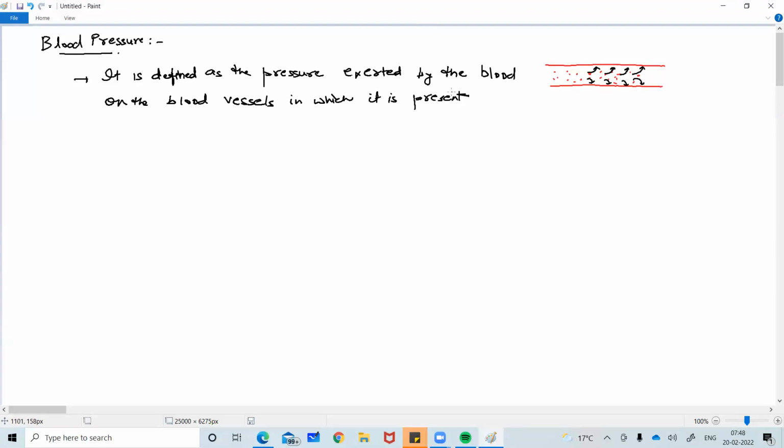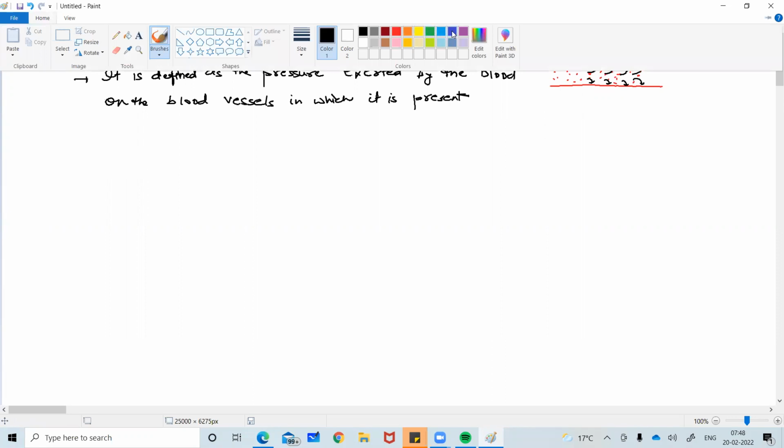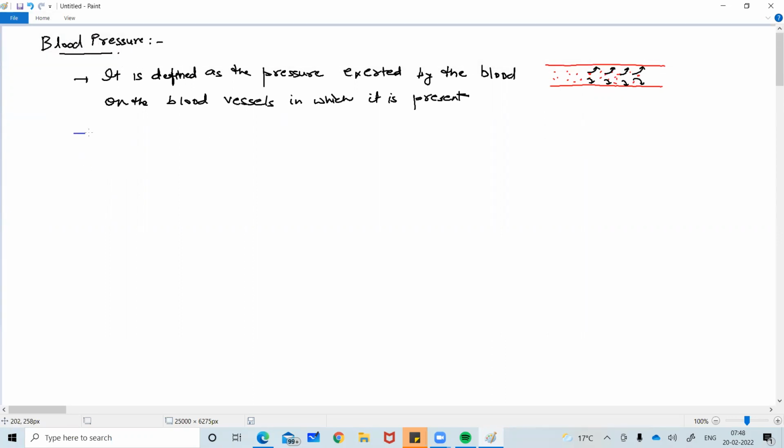Okay, so first of all, there is an instrument used to measure this particular pressure. Do you know what is the name of that instrument? Any idea? Manometer. Yes, sphygmomanometer.